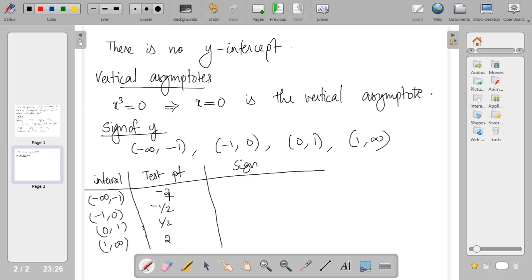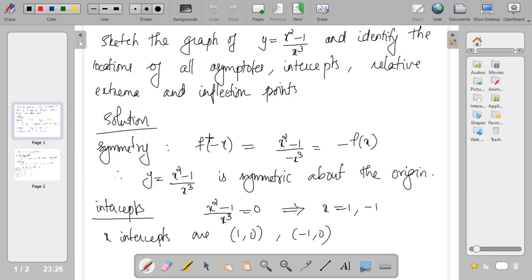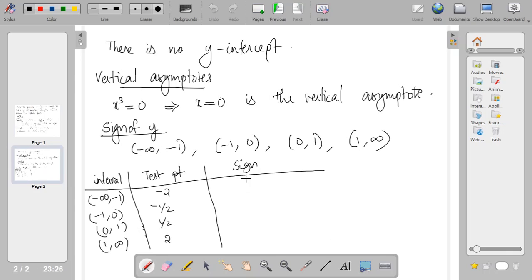So we will find the value at 2 and -1/2. Taking -2, you will get 3 by -8, so that is -3/8.